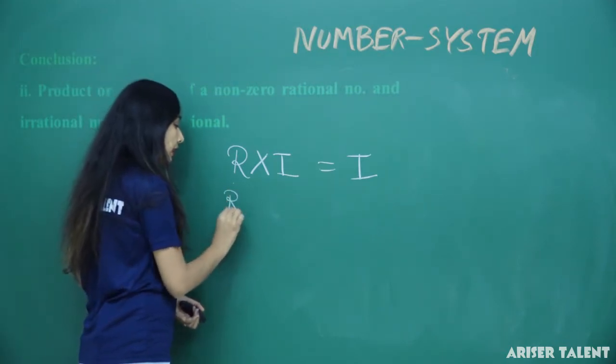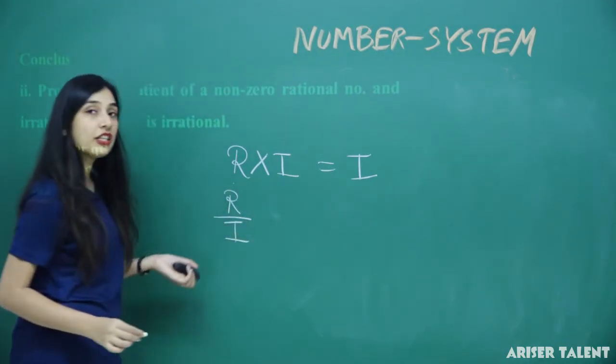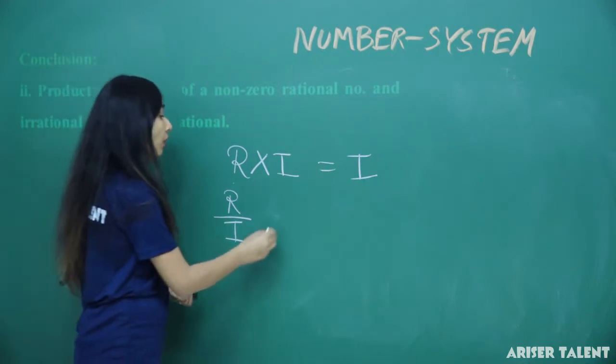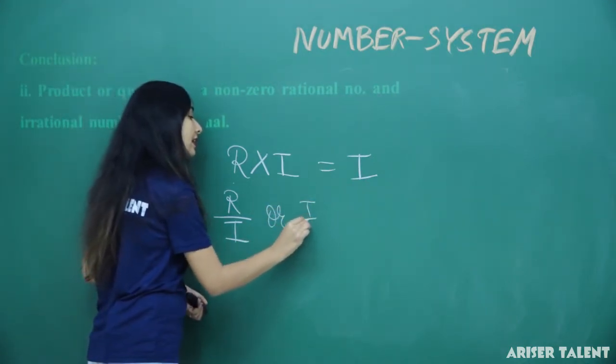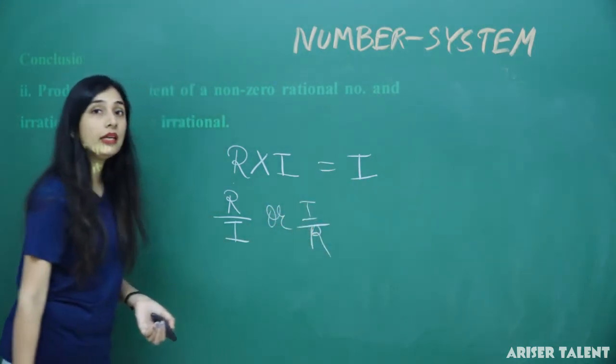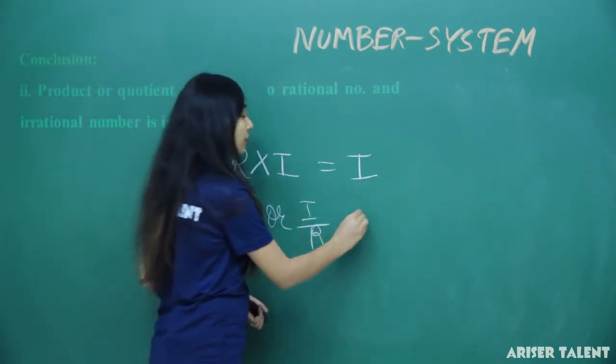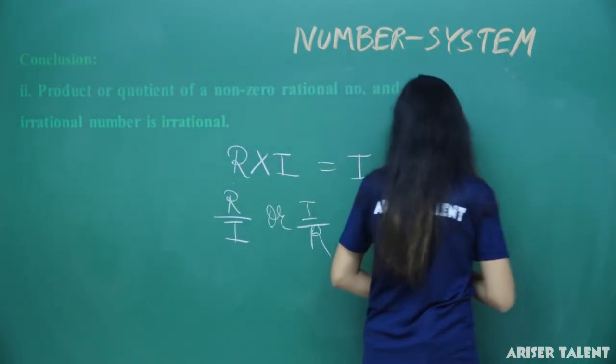If I am dividing r by I, or an irrational number by a rational number, then the outcome will always be an irrational number.